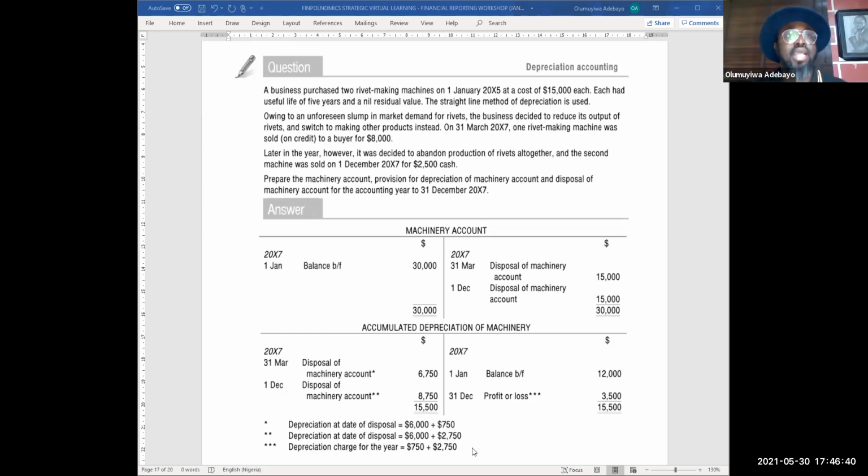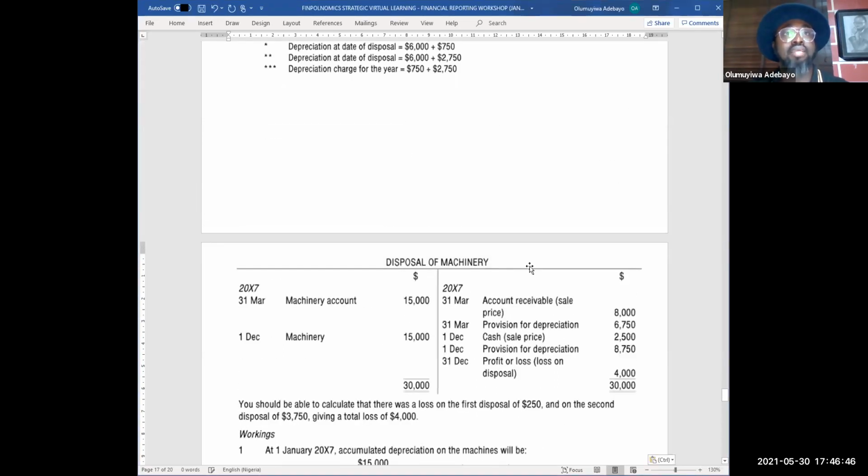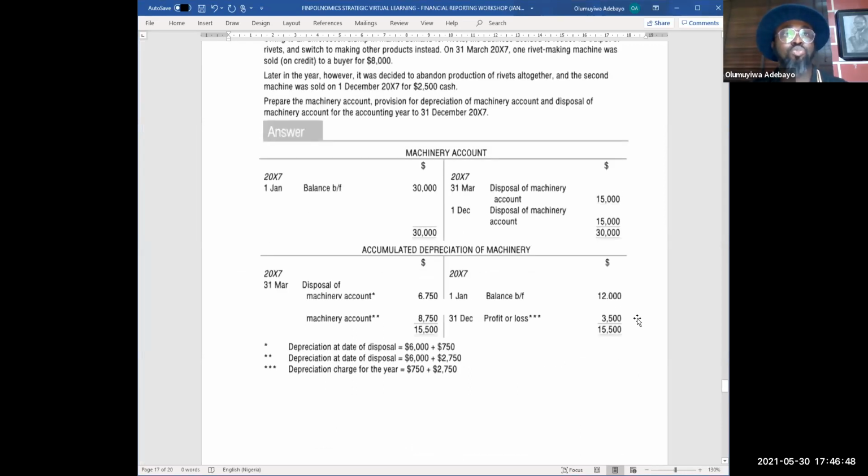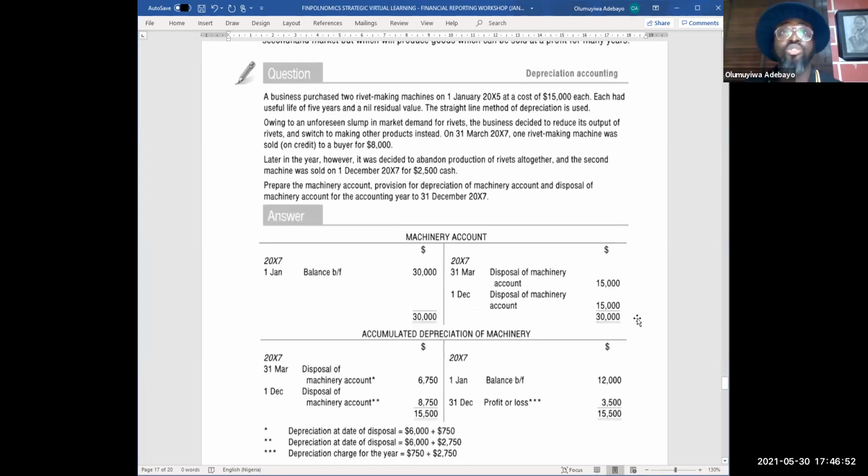Okay, now let me explain it one by one. Now, 2 of the machines, 15,000 each, which makes it 30,000.